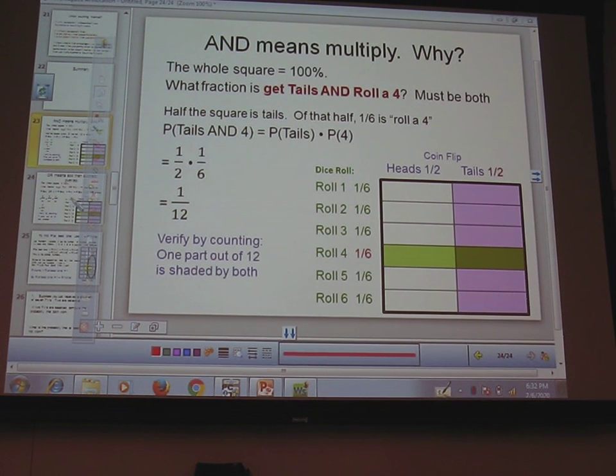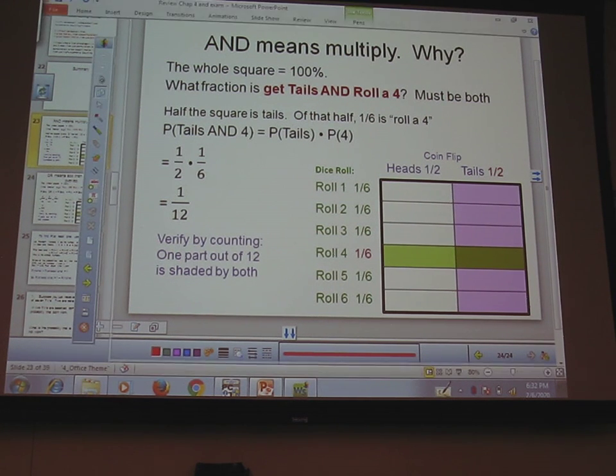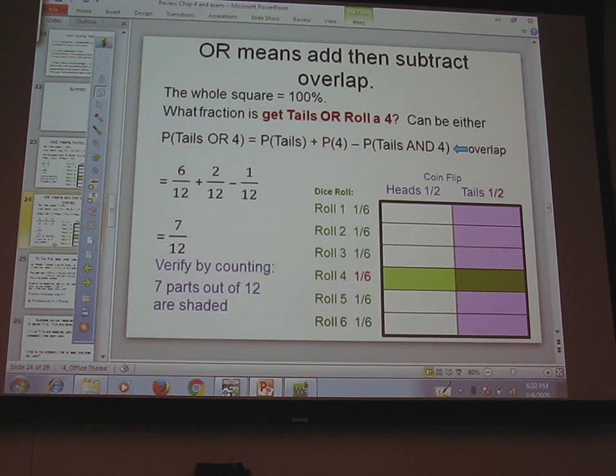And means multiply. If they're dependent, you have to multiply the probability of the first one times the probability of the second one given the first one has happened. So it's that tree thing, which we're going to do one of in a little bit.